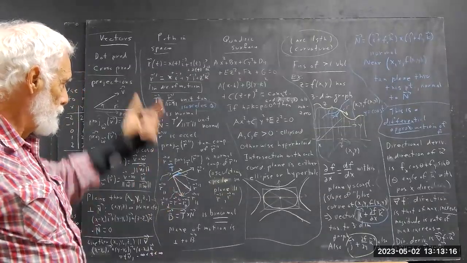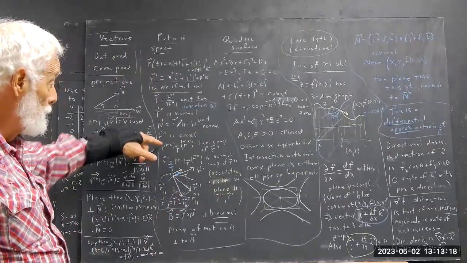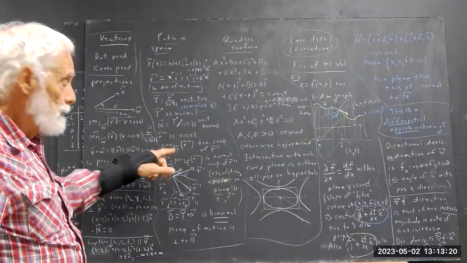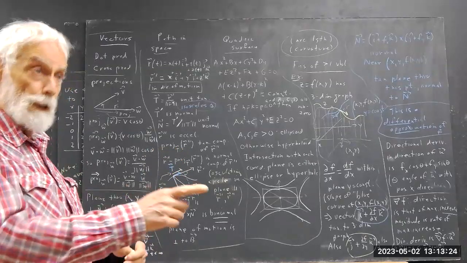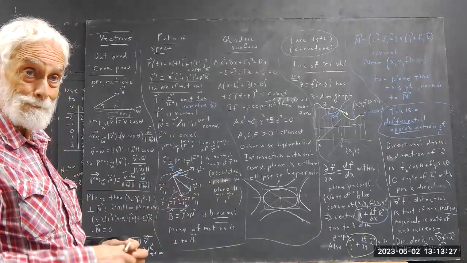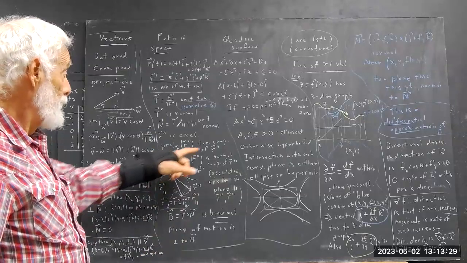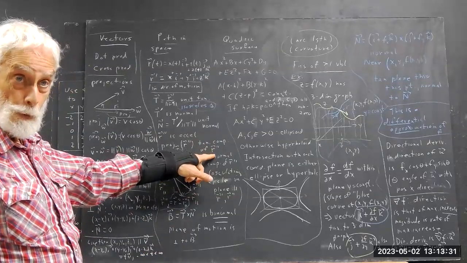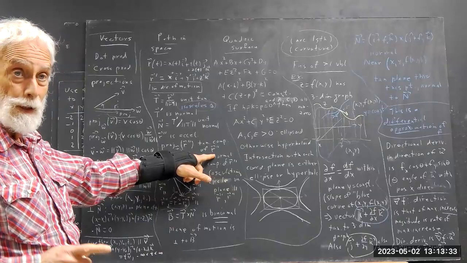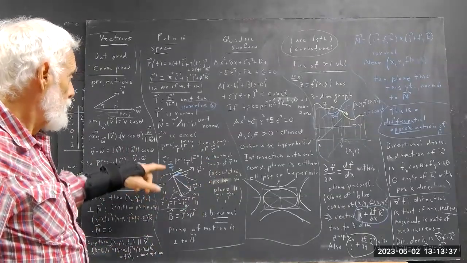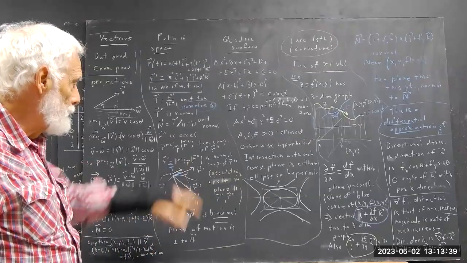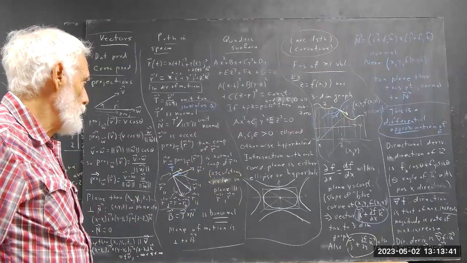To calculate those components, take r double prime, your acceleration, and project r double prime on T. That's the acceleration component in the direction of motion. That's the tangential component of r double prime, which is how fast you're speeding up or slowing down. r double prime minus that projection is the normal component.